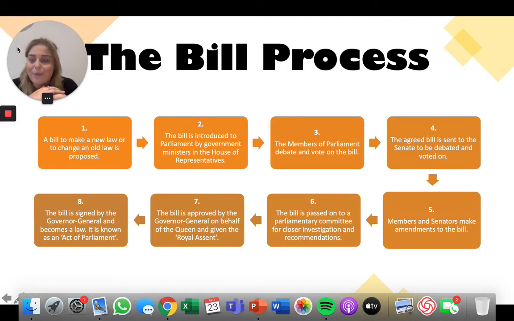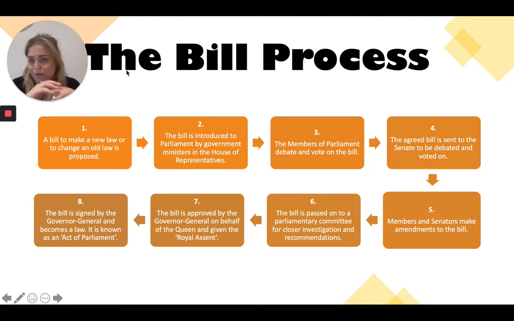The bill is then approved by the Governor-General on behalf of the Queen, and it gets given a royal assent. So it gets given the royal tick of approval, basically. And the bill is then signed by the Governor-General, and it becomes a law. It is known as an Act of Parliament once it becomes a law.